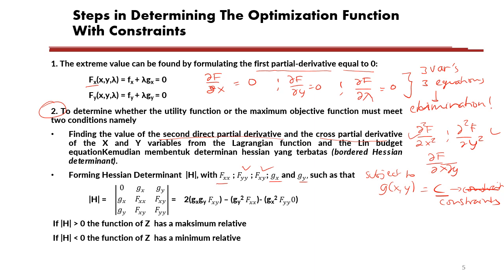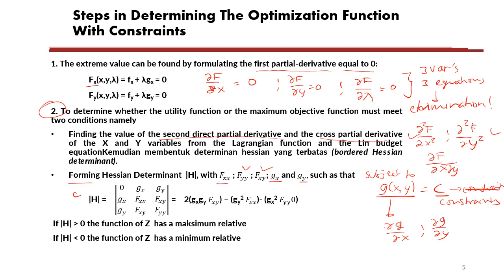So again, this is the constant and this is the function. We have to determine the function g, and we need to find the derivative of g against x and then g against y. Then we form a Hessian determinant. This is the determinant that is formed through the Lagrange, the thing that we need to find out which one has the maximum or the minimum value.